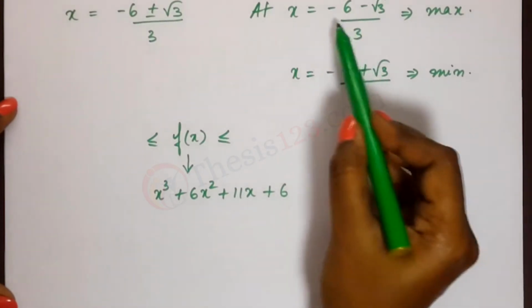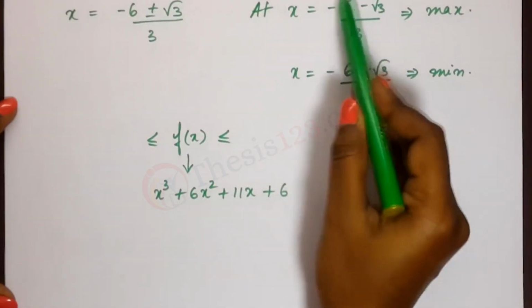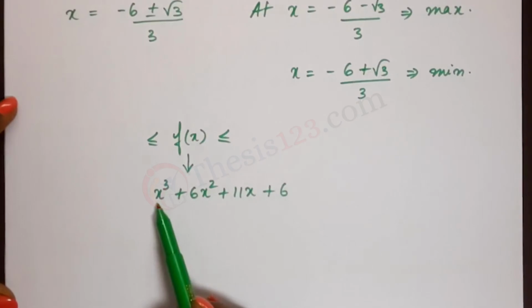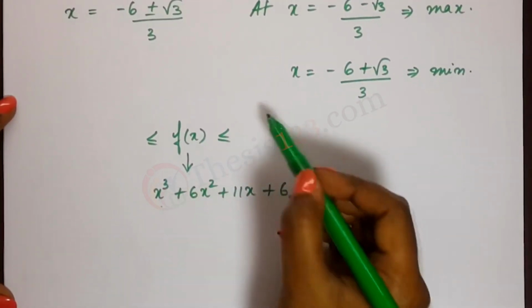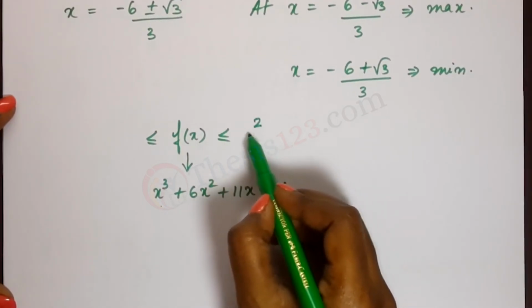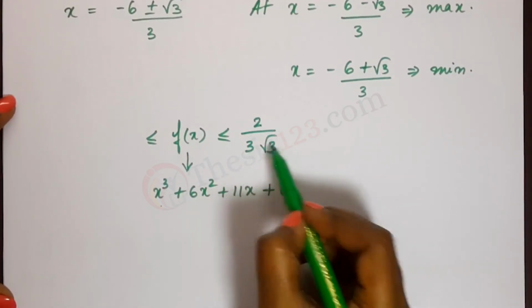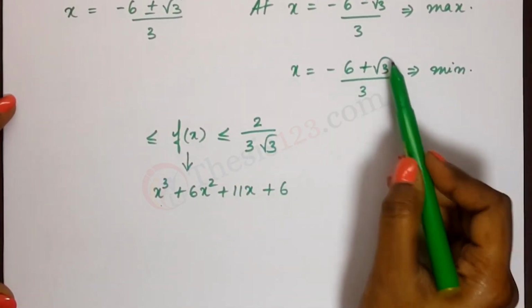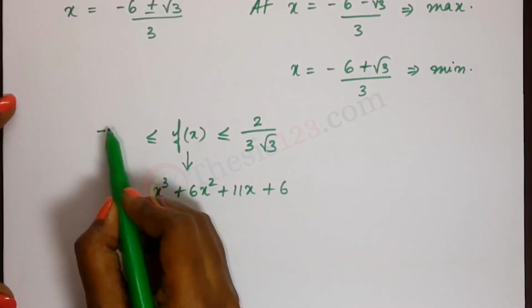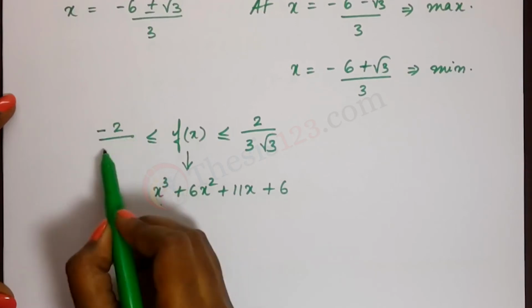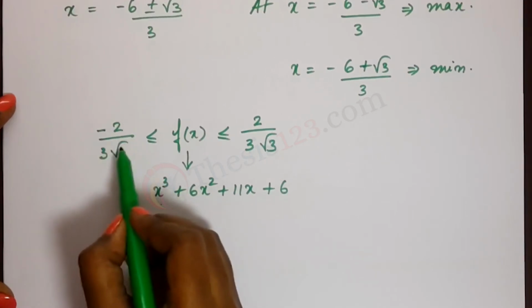So substitute this value of x into this expression and find the maximum, and you will get 2/(3√3). Similarly, you substitute the other value into the equation and you will find the minimum value, -2/(3√3).